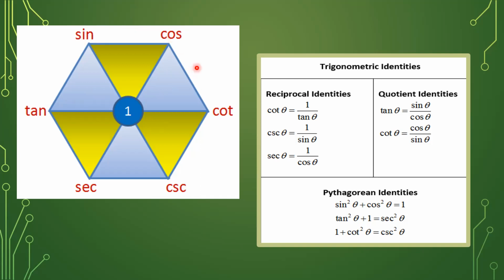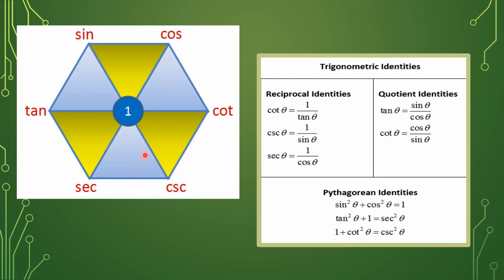Every time we go around, we divide. Then across from tangent is cotangent, opposite sine is cosecant, and opposite cosine is secant. So you'll be able to know the other 3 trigonometric functions for each vertex.